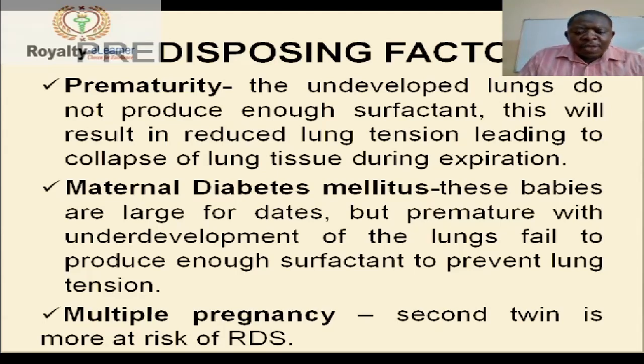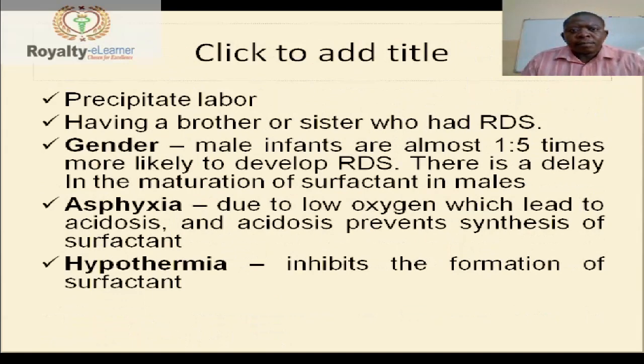The other thing that may predispose to RDS is multiple pregnancy. The second twin is more at risk of RDS in multiple pregnancies. Other things that may lead to RDS include precipitate labor or fast labor, where the baby just comes out fast.